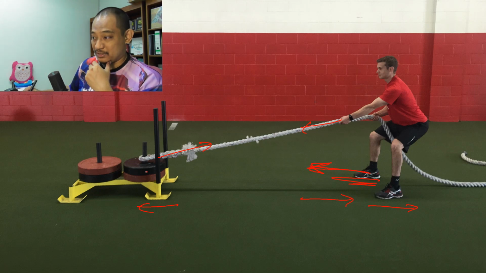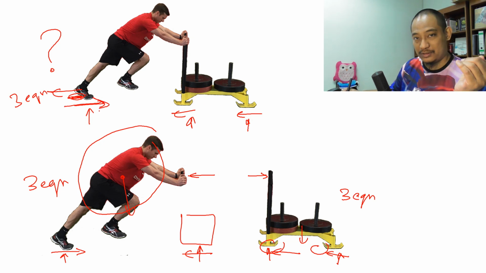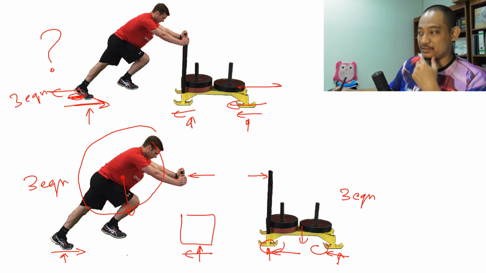Similarly here, if it's being pulled, it wants to move there. That's why the friction is countering there. In this case, if this floor is slippery, this foot will slip that way, so then you know the friction is countering it in that direction. Similarly here, this is being pushed in that direction, so friction is in this direction.